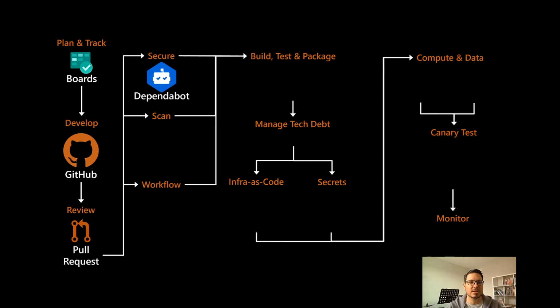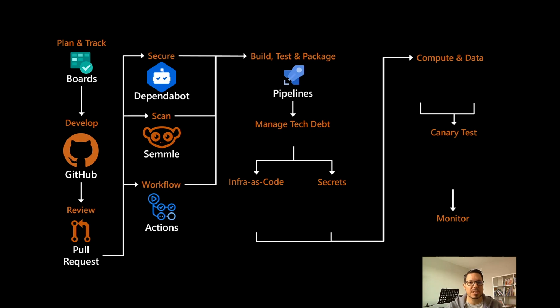We'll see how Dependabot is going to scan our dependencies and notify us of any vulnerabilities. We'll see how SEML can scan our code for some advanced security checking. We'll see an example of a GitHub workflow.